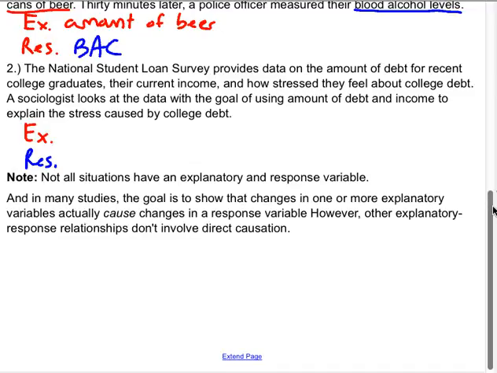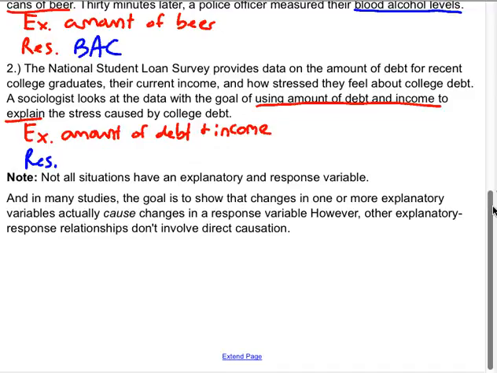All right, so their goal is using amount of debt and income to explain. Okay, so to me, that's being pretty explicit that that is what we believe is causing the change, right? So the explanatory variable is amount of debt and their income.